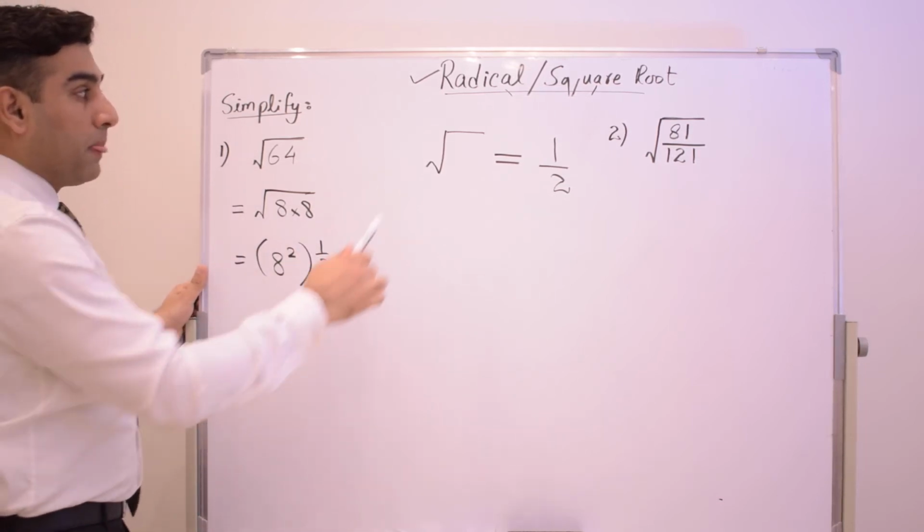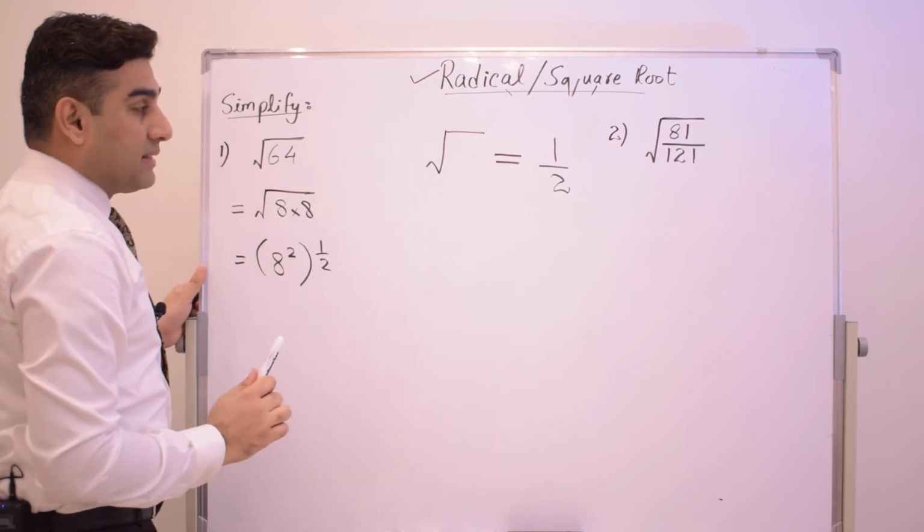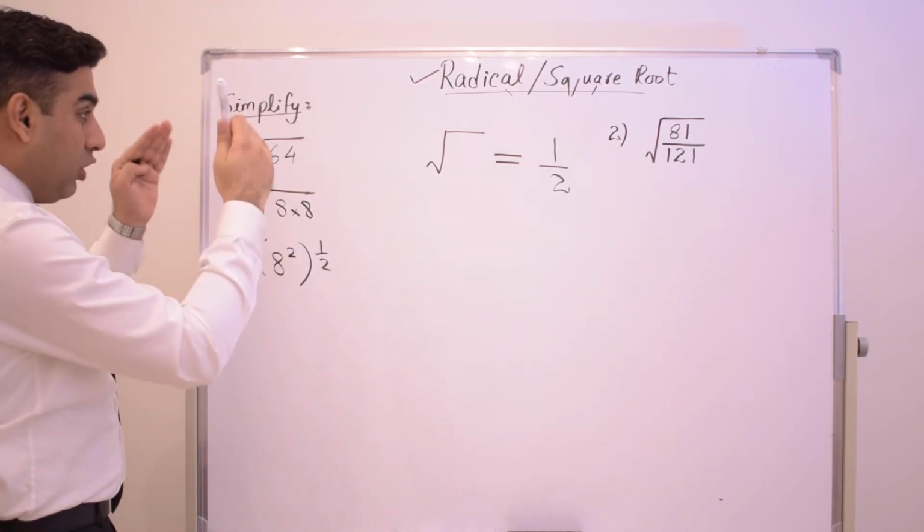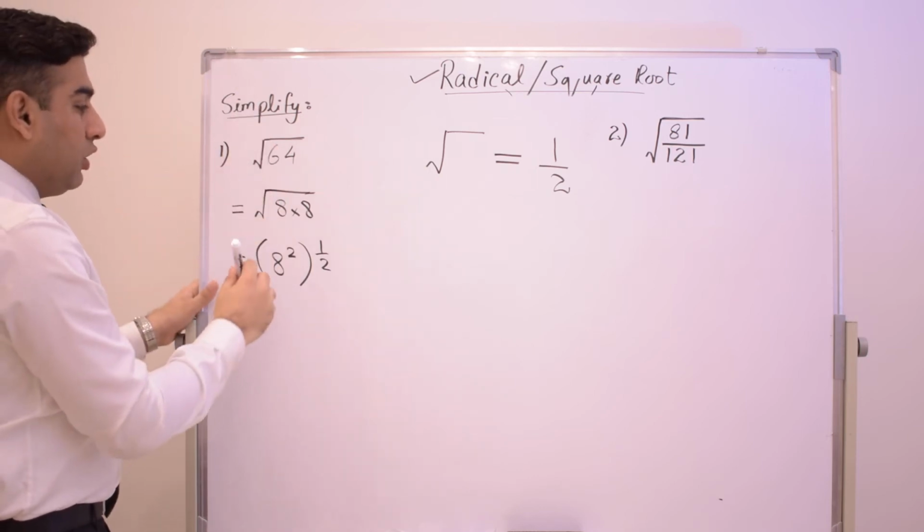As I told you, the radical sign's value is 1 over 2, and it is coming over the number.